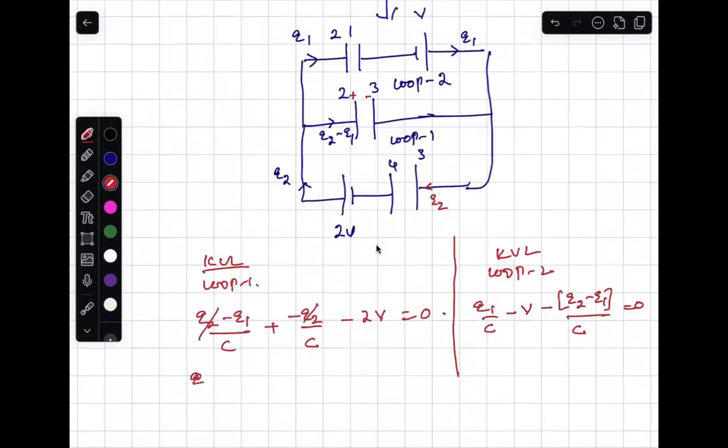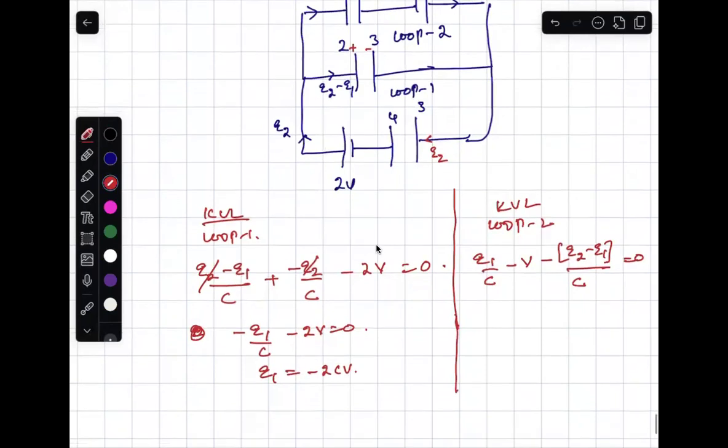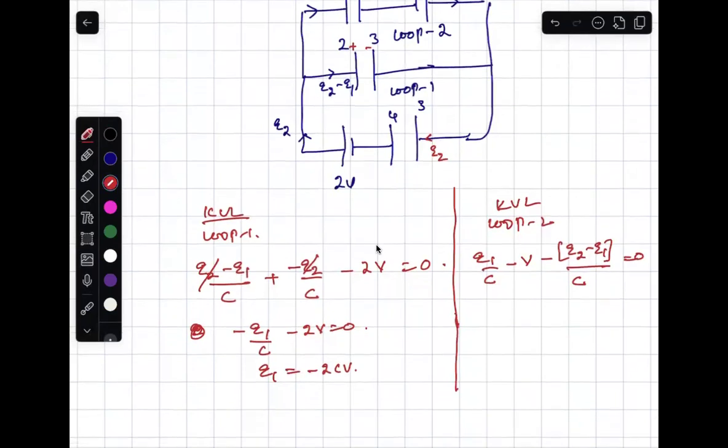Cancel. So minus Q1 by C minus 2V is equal to 0. Q1 is nothing but minus 2CV. What about Q2? Substitute in any one of those equations.